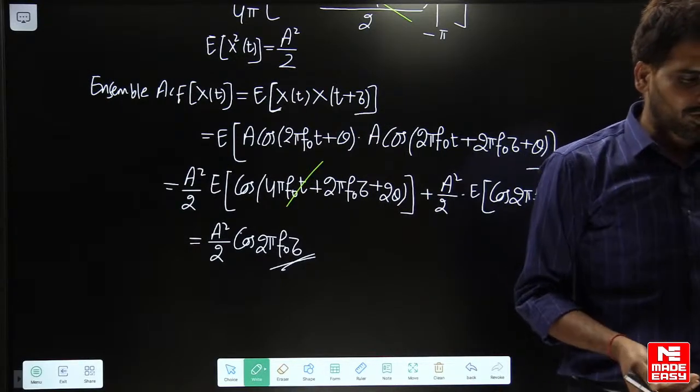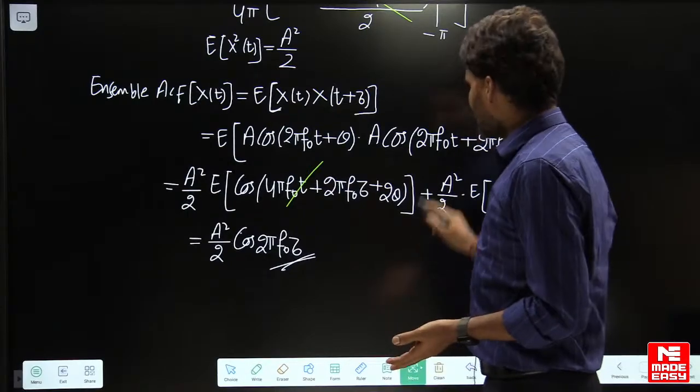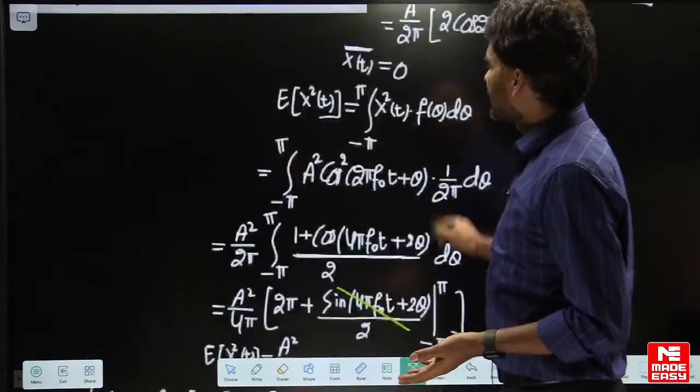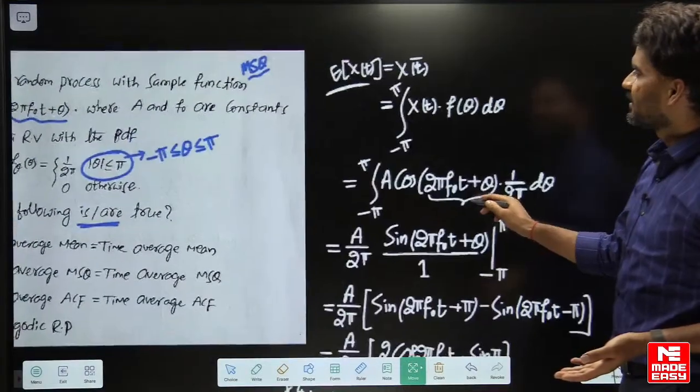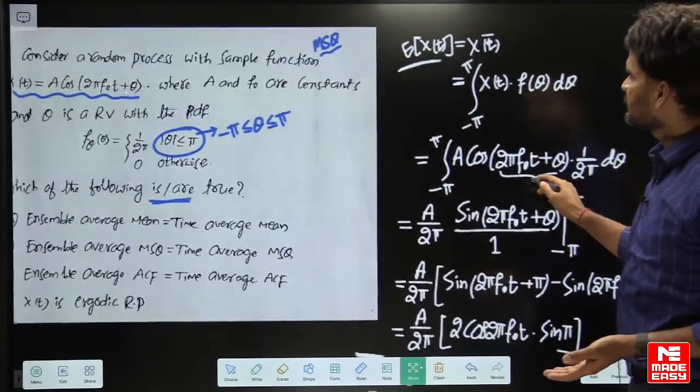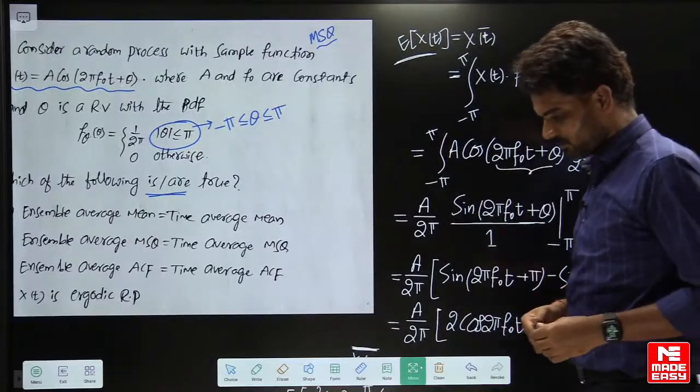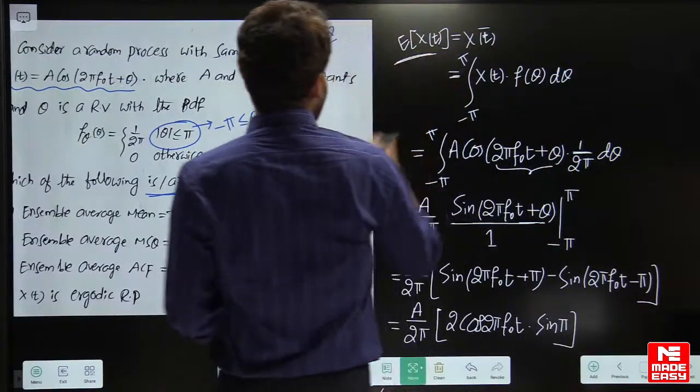So Manish Kumar, ensemble mean means the normal mean only, like what we calculated. Simply the expectation of xt, that's it. This is the ensemble mean, expectation of xt.